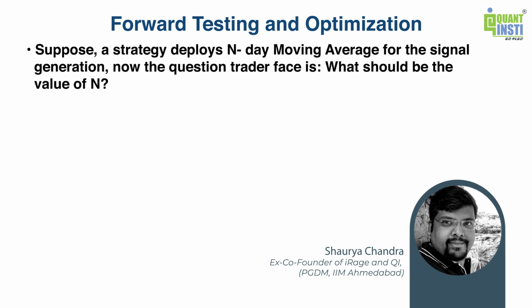How do you remove it? I'll give you an example. Suppose a trading strategy deploys an n-day moving average for signal generation. Now the question the trader faces is, what should be the value of n?